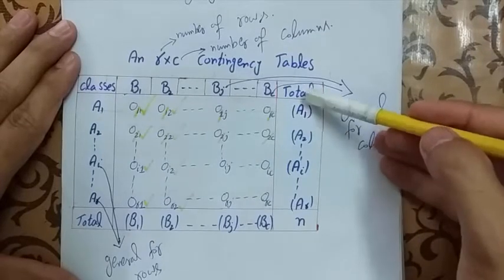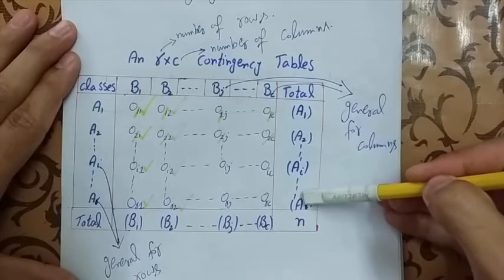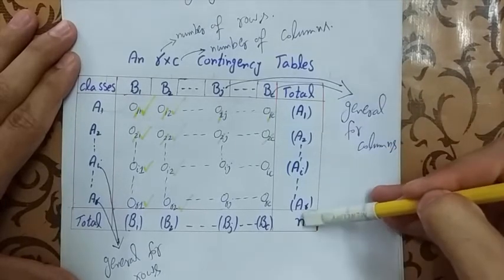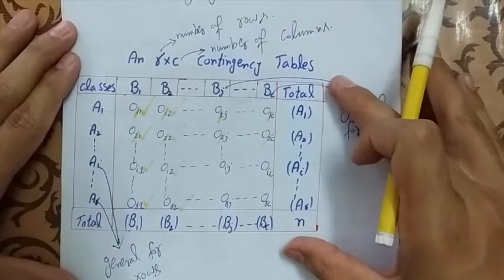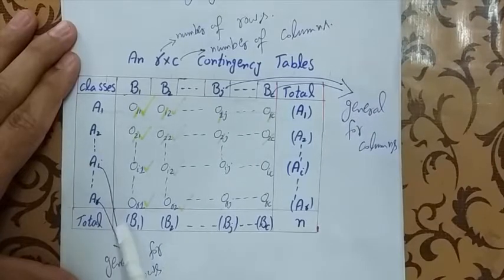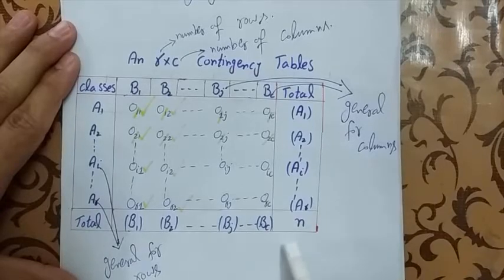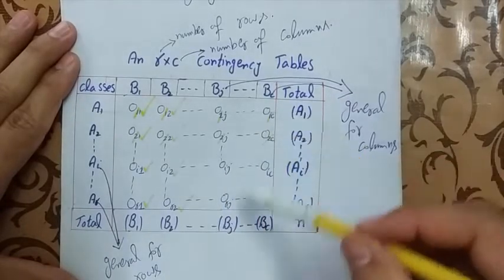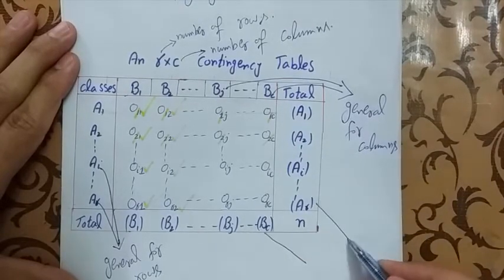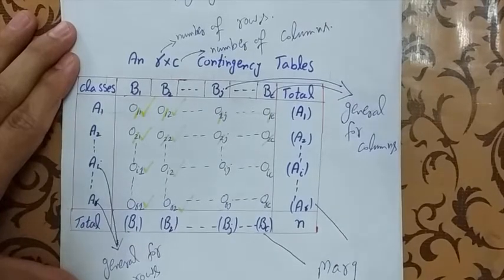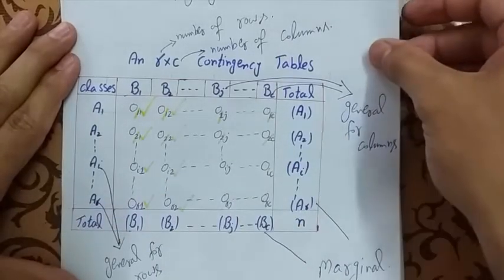When we add all these rows A1, A2, AI, AR, the answer equals n, the total n observations of that table. This is also known as the marginal sum. Hopefully you understand this table.